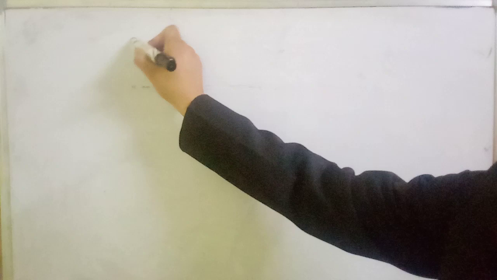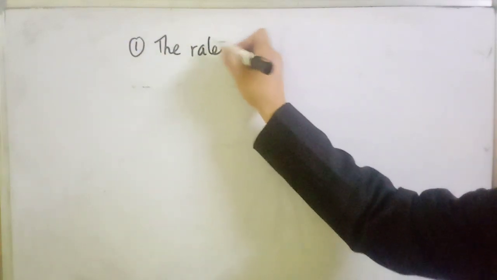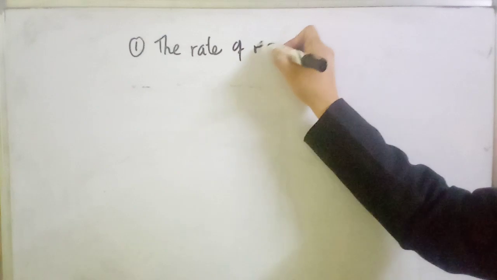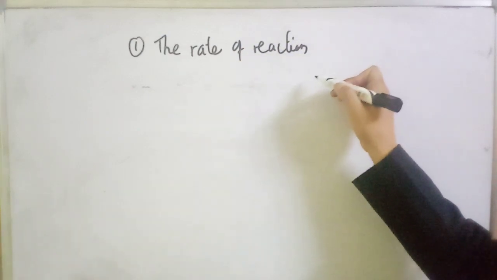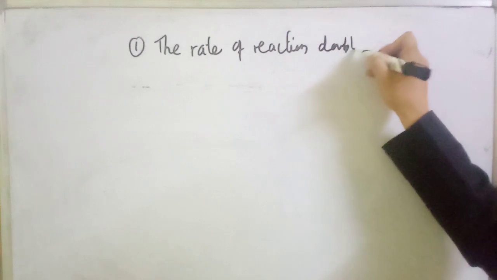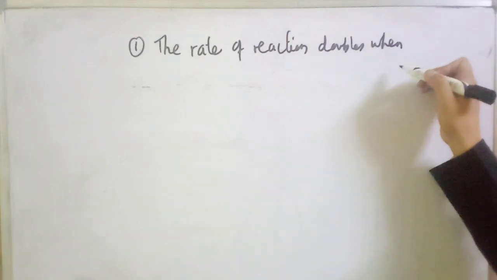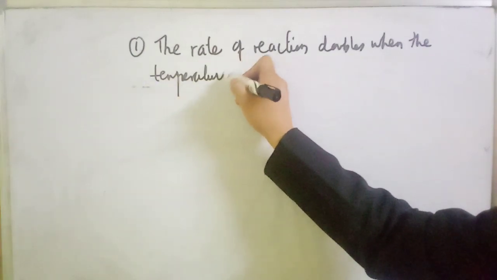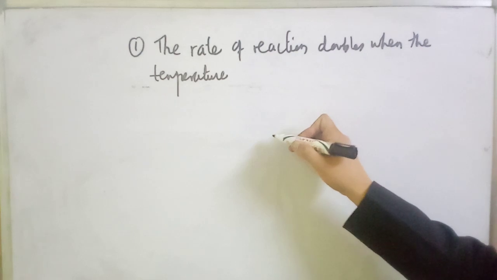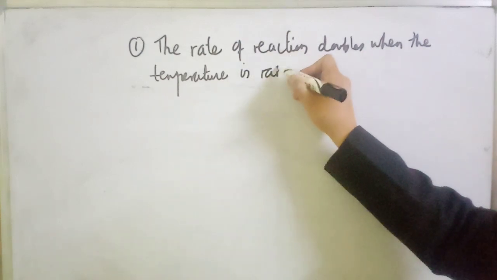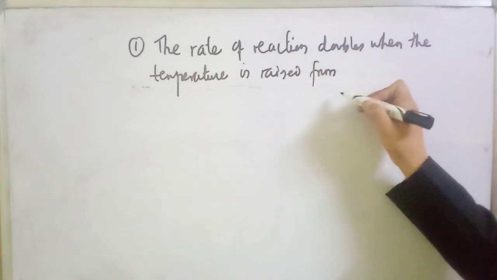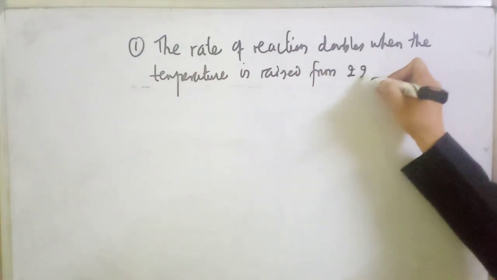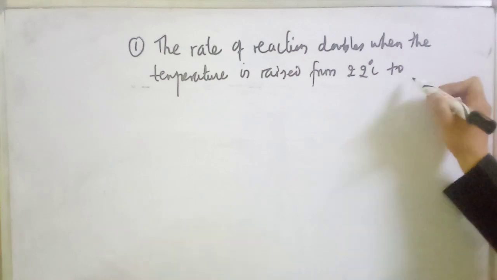For example, number 1: the rate of reaction doubles when the temperature is raised from 22 degrees centigrade to 32 degrees centigrade.